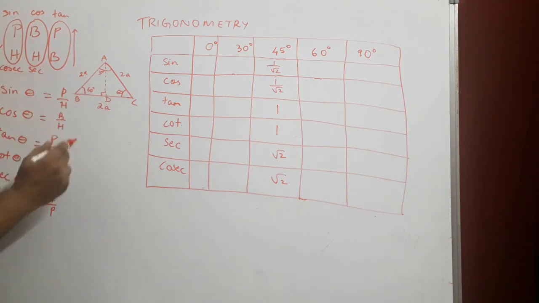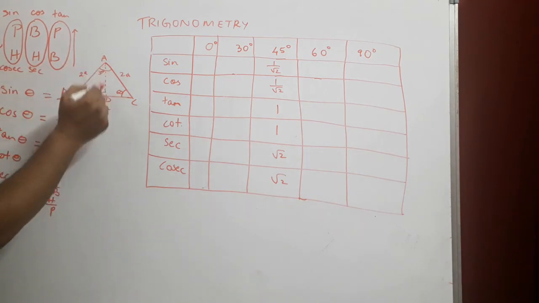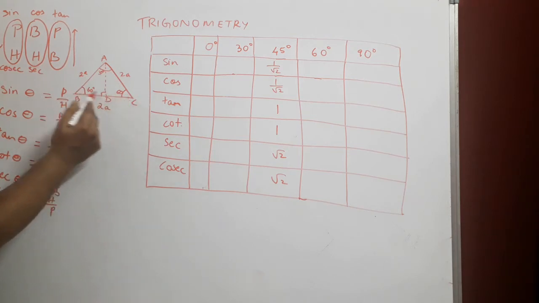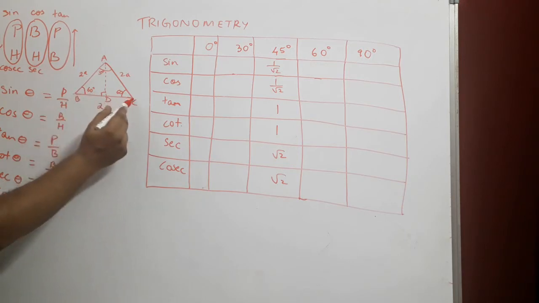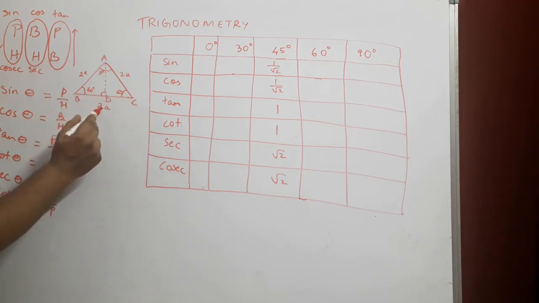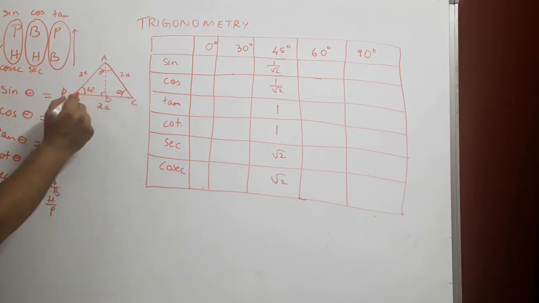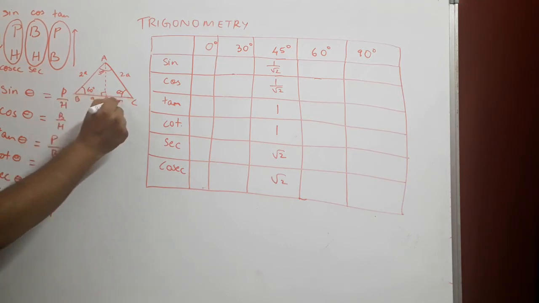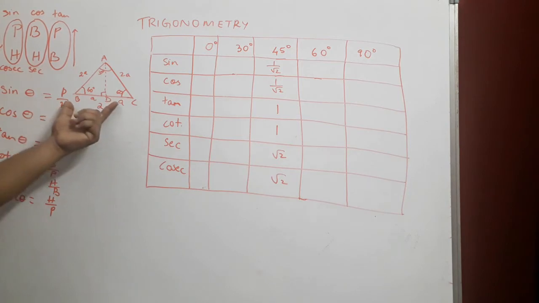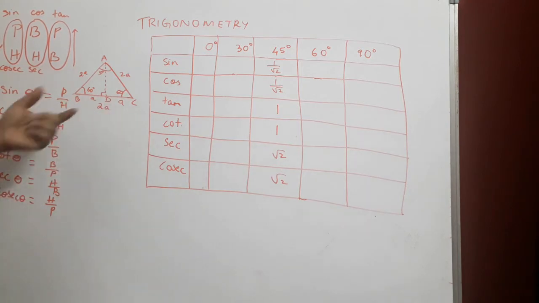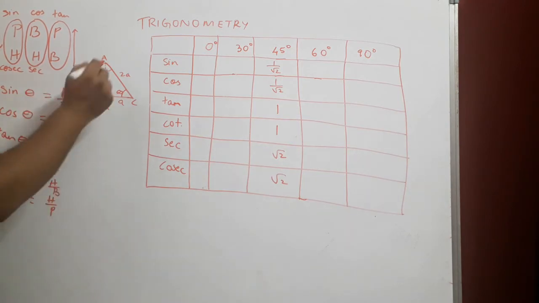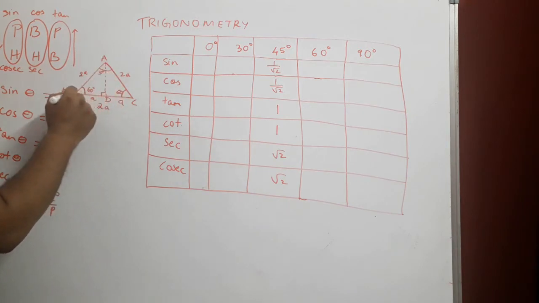Now this line AD also bisects or divides BC into equal parts, which means the entire BC was 2a, and now that it is divided into two equal parts, BD will become a and DC will become a. We are interested only in BD, and we are interested in AD and AB.